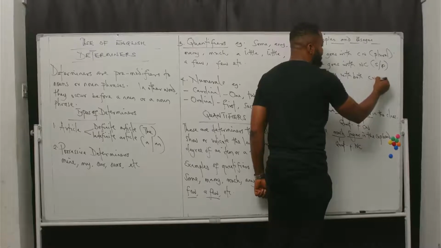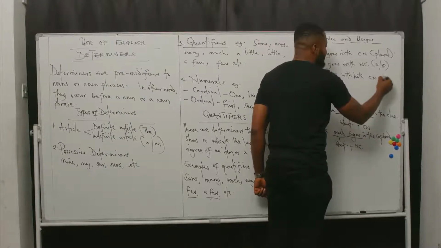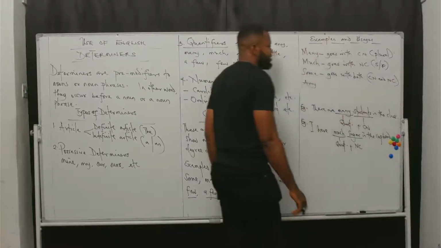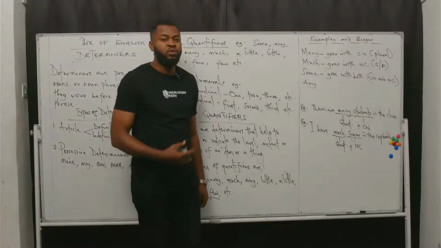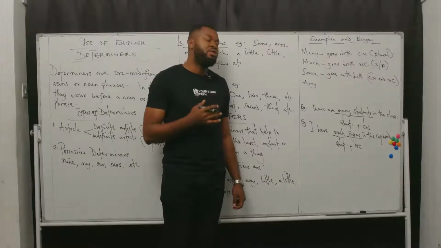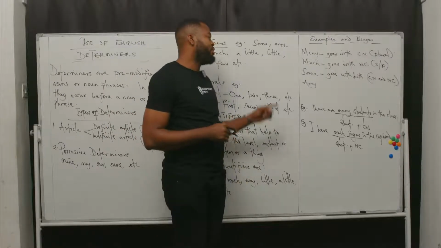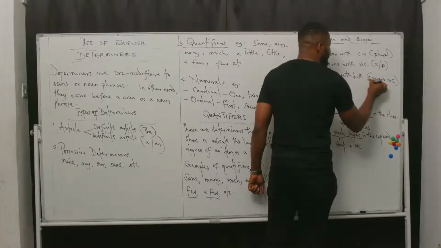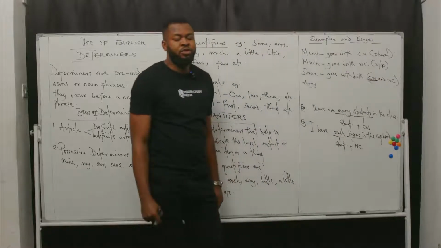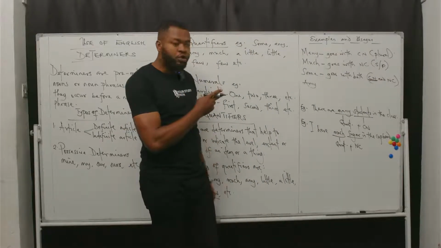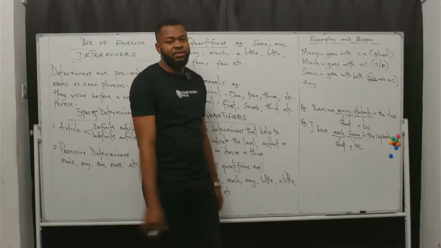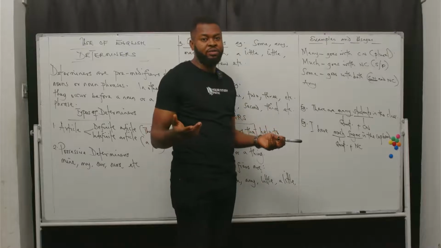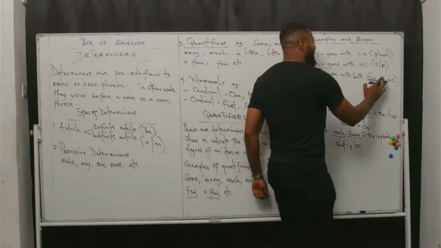Some goes with both count nouns and non-count nouns, but I'm going to assure you that some actually goes more with count nouns. So to a very large extent, use some in line with count nouns. So it's possible for us to outrightly remove non-counts. So some goes with count nouns.